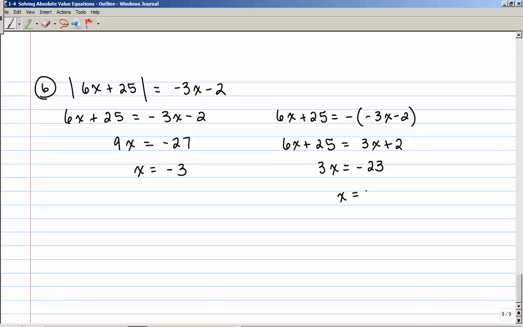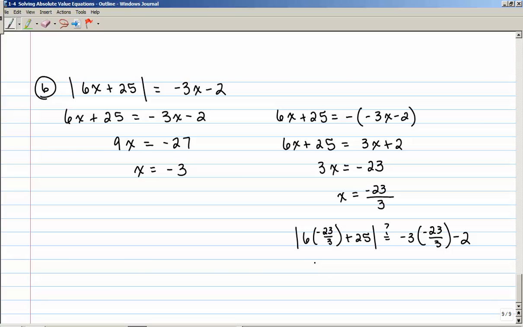And again, we have another strange looking answer. x is equal to negative 23 over 3. And I have to check that one because I did this negative thing up here. So is the absolute value of 6 times negative 23 over 3 plus 25 equal to negative 3 times negative 23 over 3 minus 2?